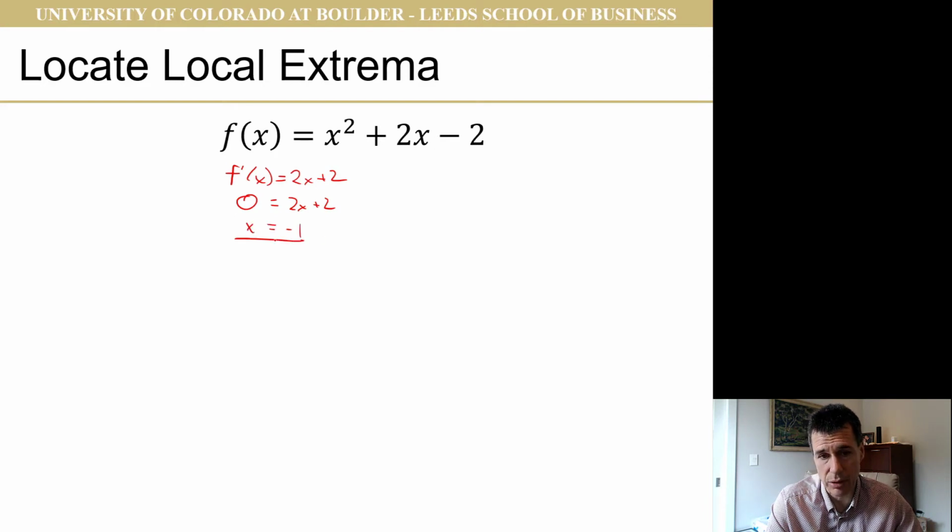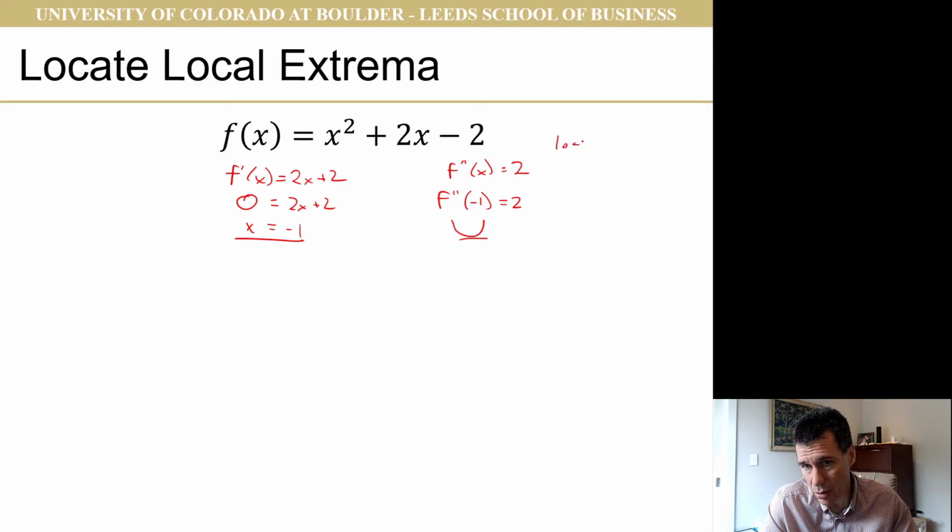So that's a critical number. We need to find the second derivative. Second derivative is just 2, which means the second derivative at -1 is 2. Okay, so at -1, the slope is 0. It's concave up, so it must look like this, which means it is a local min. So f of 2 is a local max.